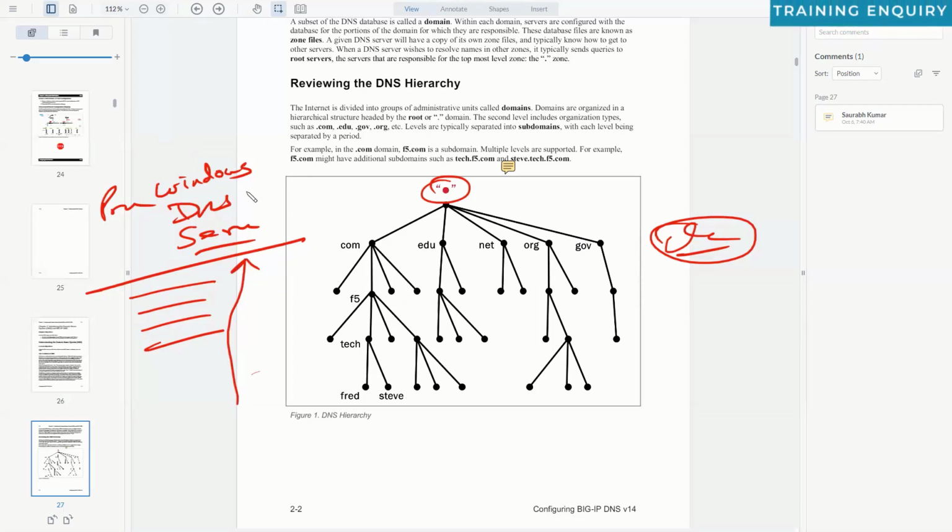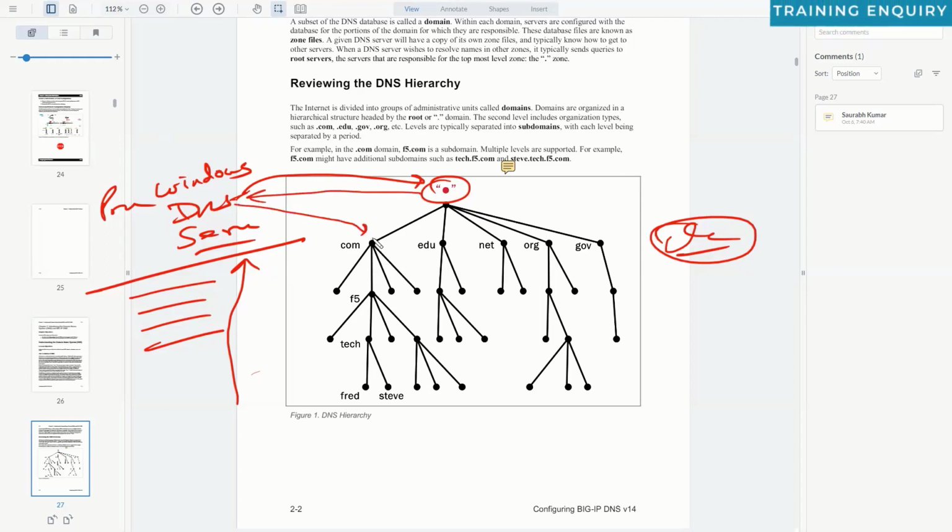first it will always go to root. It will ask, hey, I need to get the IP address for this domain. Then root will provide, for example, if you were looking for the IP address of google.com, the IP address of the .com.